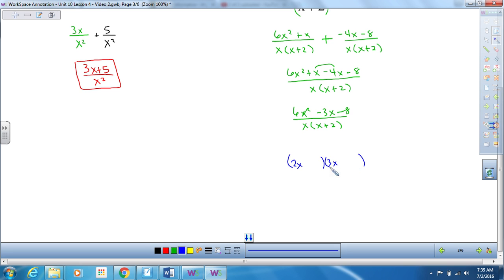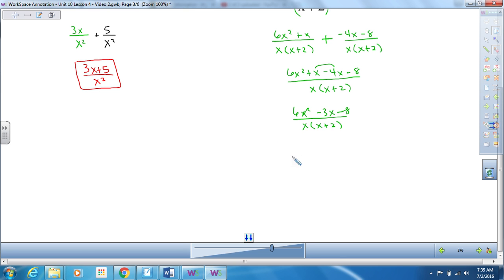So 4 and 2 don't work, and neither does 2, 4, 2. Okay, so it's not 2x and 3x.